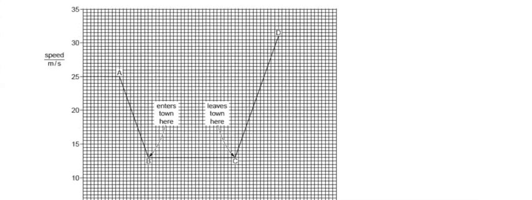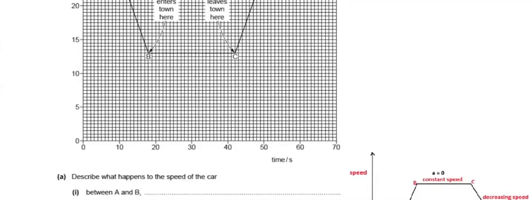So at point A, the journey started. You can see the speed is decreasing, and at point B it enters the town, and from point B to C the speed is constant, and from point C it leaves the town, and again you can see the speed is increasing till point D. So this is the graph.